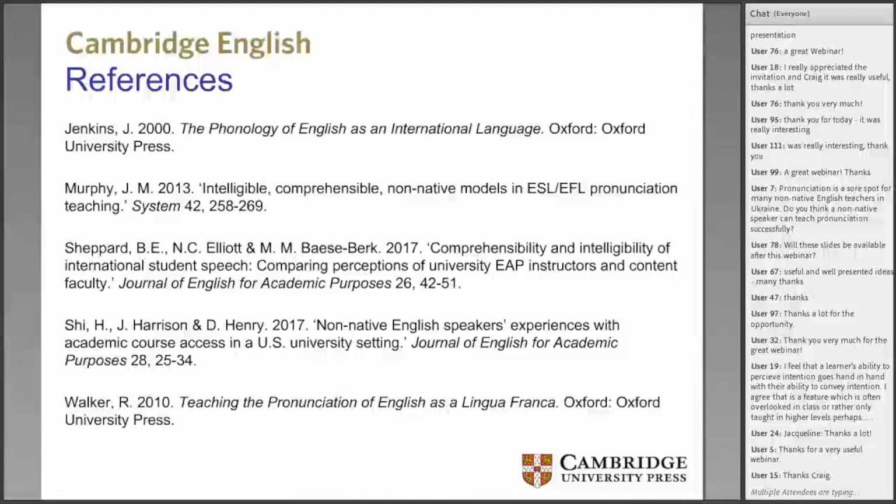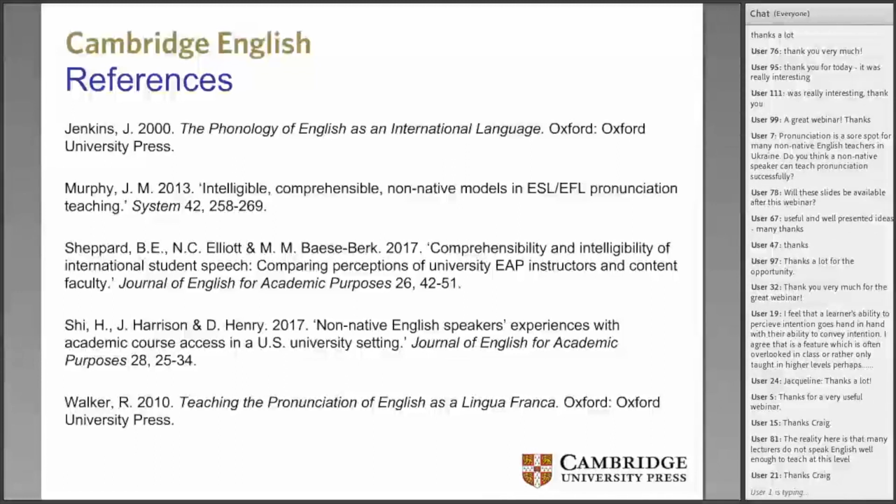So yes, I certainly agree that it's important to focus on that as well, because stress and connected speech are so connected to each other, it's very difficult to separate them out.